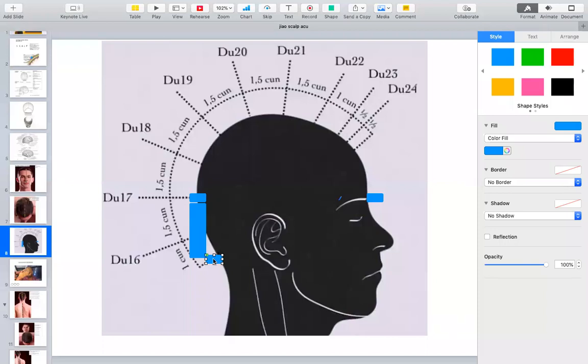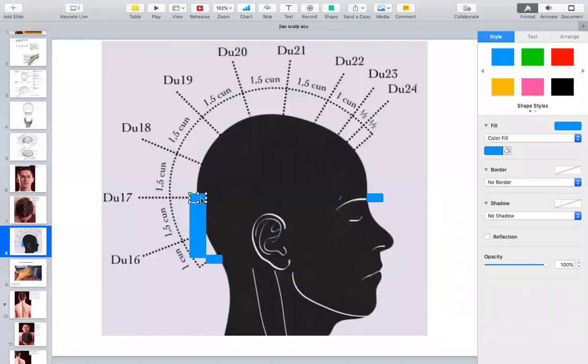So first go and see where your posterior hairline ends, the end point of the hair. Keep your forefinger there. Then under the fourth finger, one finger up, you will find one elevated part on the back of the head. This is the location of DU17.